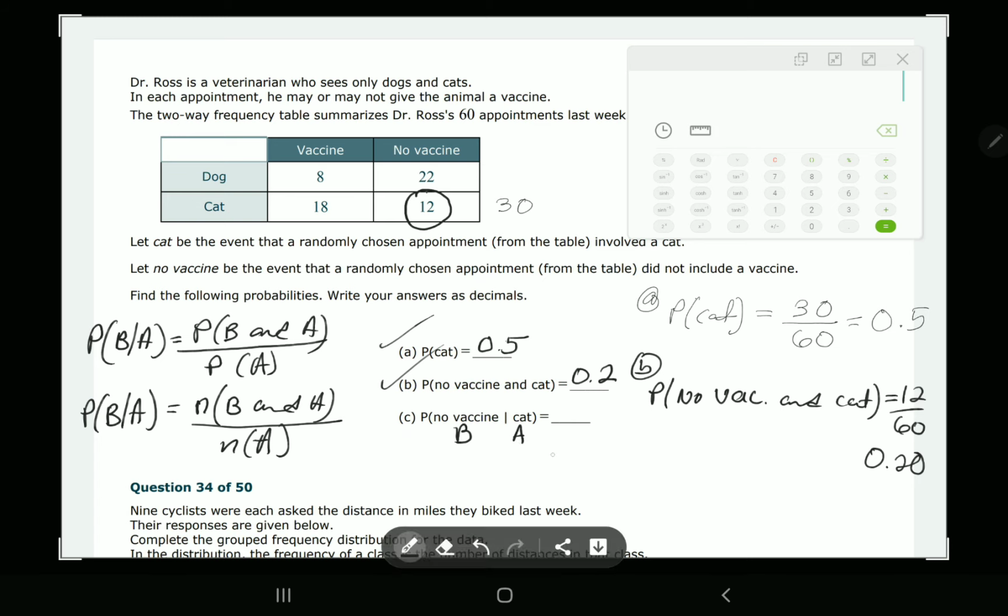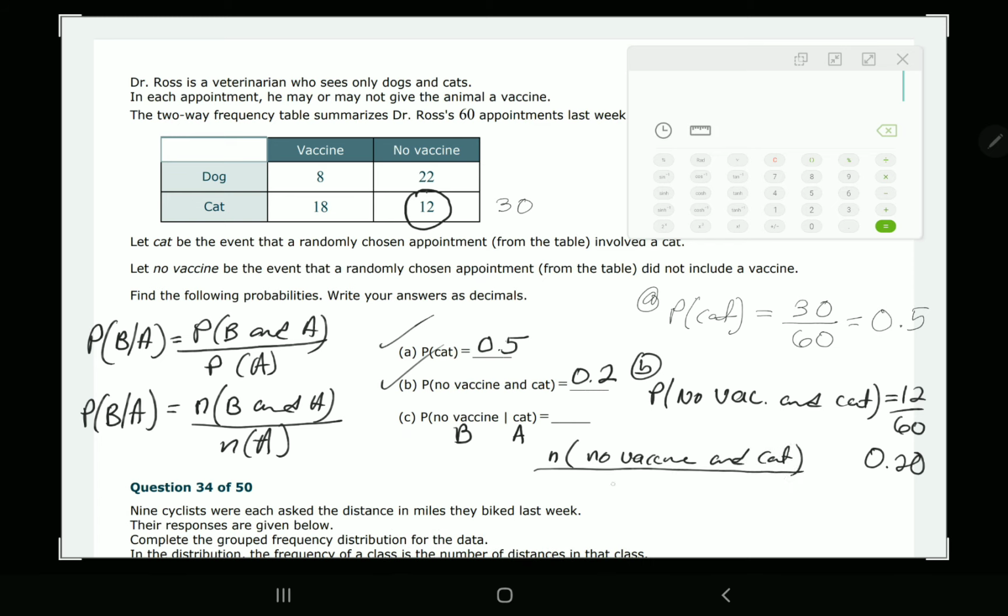That's going to equal the total of no vaccine and cat divided by the total number of cats. Once again, there are 12 animals that are both a cat and have no vaccine.